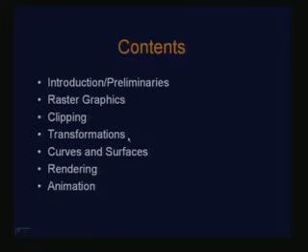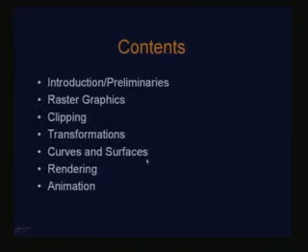Then we are going to look at transformations. Transformations, you must have seen these transformations, like rotations, scaling, right. These are known transformations. So how these transformations are used in the context of computer graphics. Okay. And these are going to be both 2D and 3D transformations.